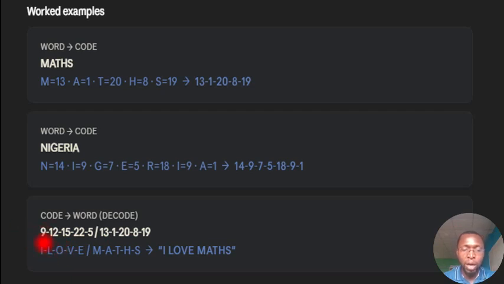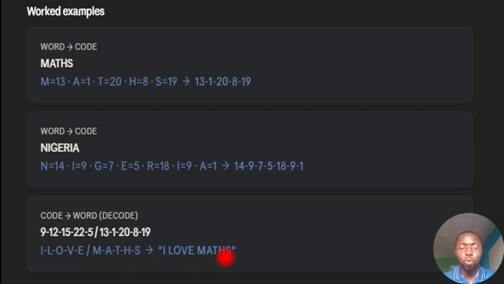What does 9 represent? 9 represents letter I. 12 represents L, 15 represents O, 22 represents V, and 5 represents E. Then 13 represents M, 1 represents A, 20 represents T, 8 represents H, and 19 represents S. So simply it means I love maths. Okay, very, very straightforward.